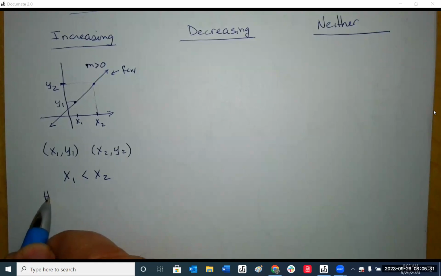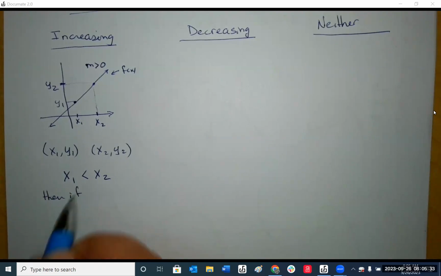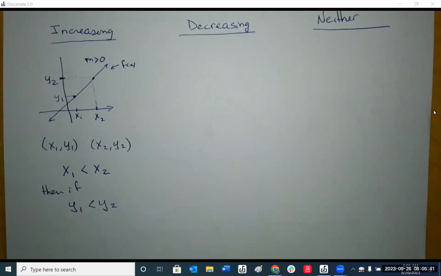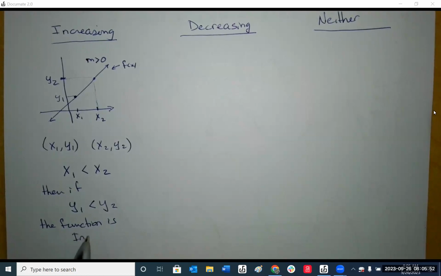Then, if y1 is lower than y2, the function is increasing.